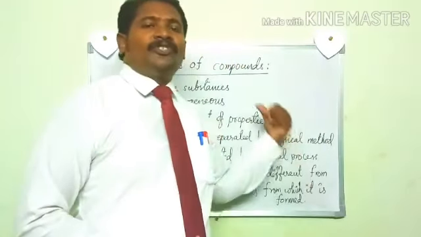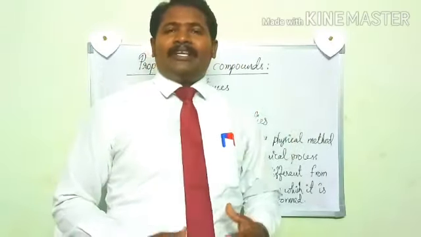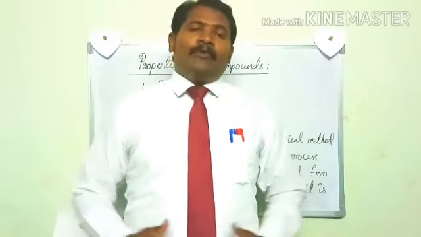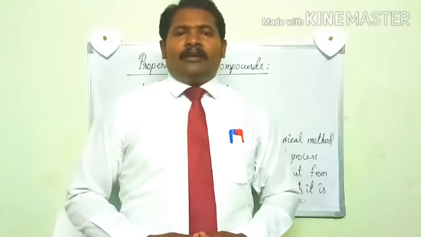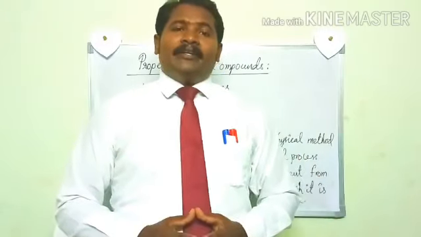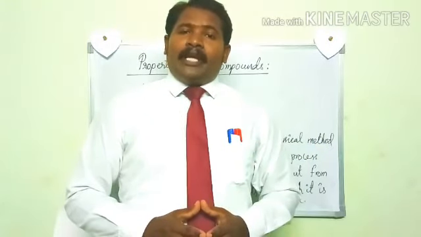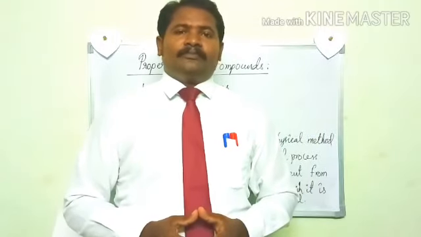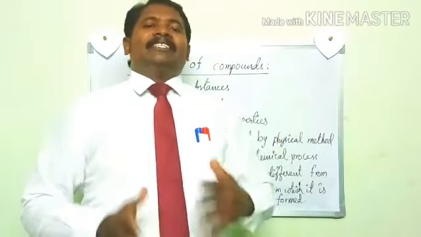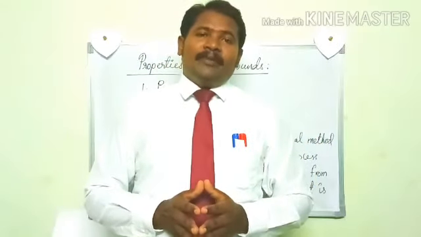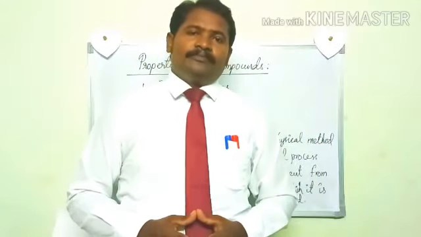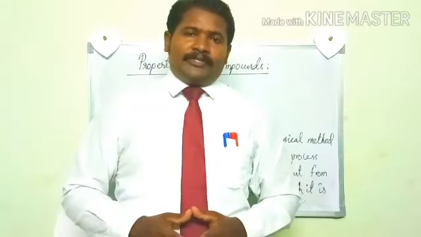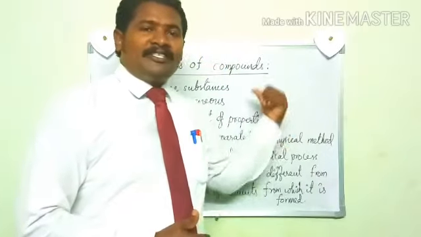Before we start, let us see once again the definition of a compound. A compound is a pure substance formed by two or more elements combined chemically in a definite proportion. This compound has some properties, and those properties are listed here one by one.